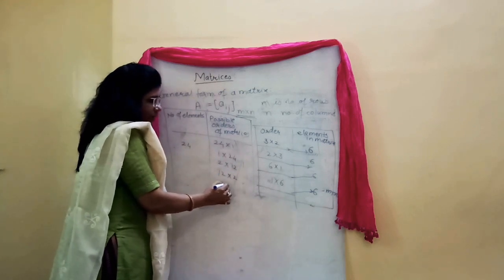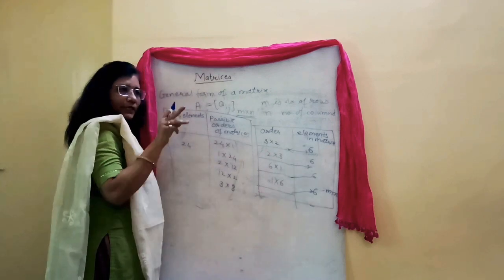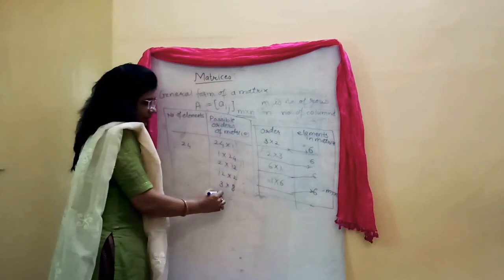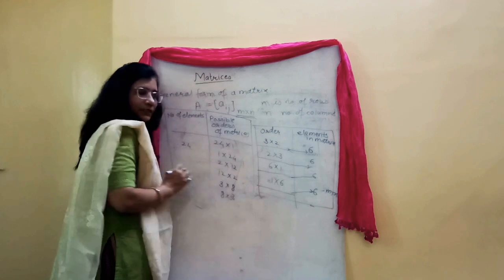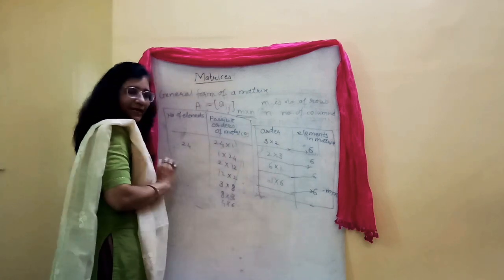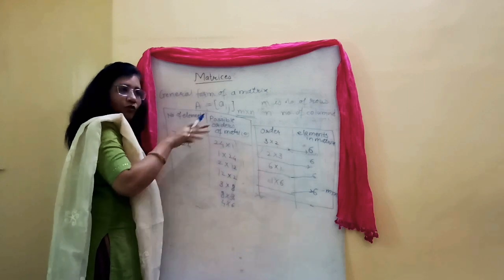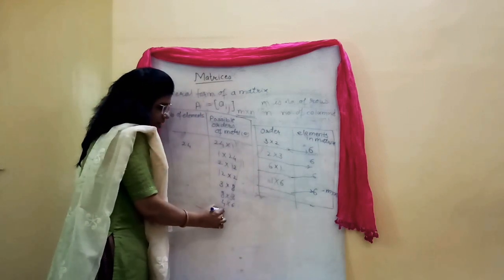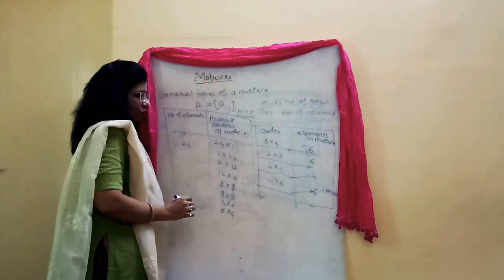Then 3 into 8, 3 rows and 8 columns, 8 rows and 3 columns. Then 4 into 6, 4 by 6 is the order. 4 rows and 6 columns, 6 rows and 4 columns.